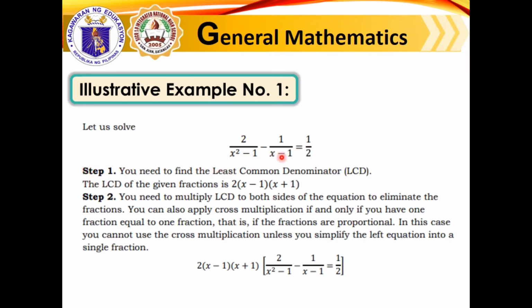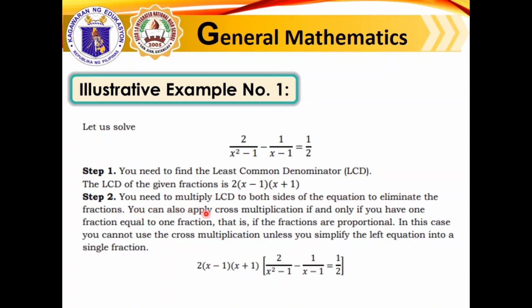Given this rational equation, the LCD of the given fractions is 2 times x minus 1 times x plus 1. We already knew this because we discussed it in our junior high school mathematics. Step 2, you need to multiply the LCD to both sides of the equation to eliminate the fractions.